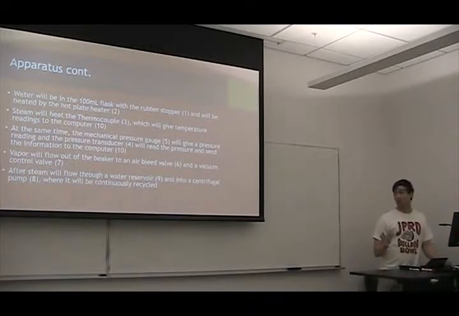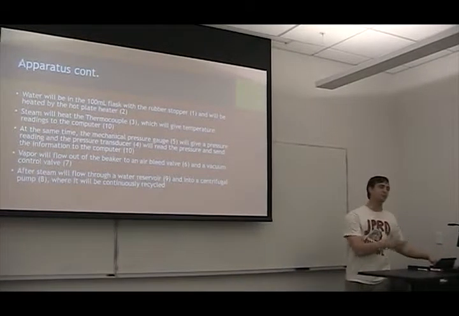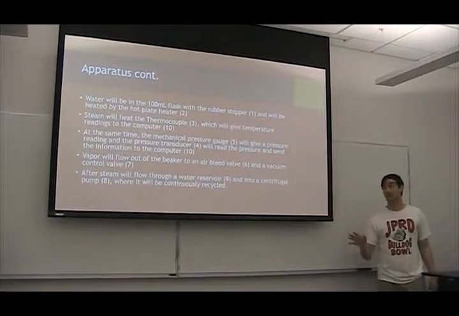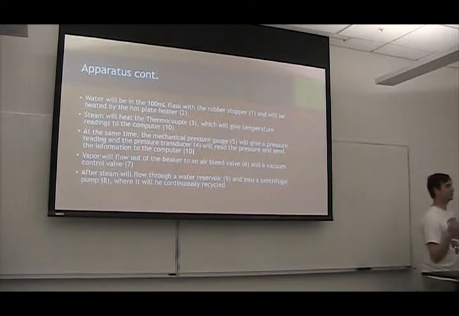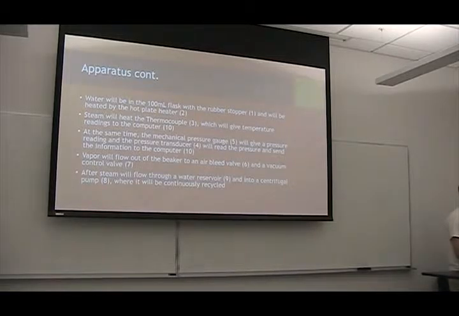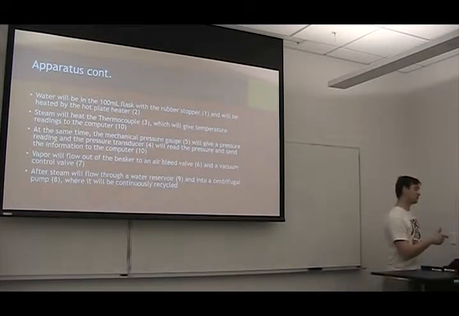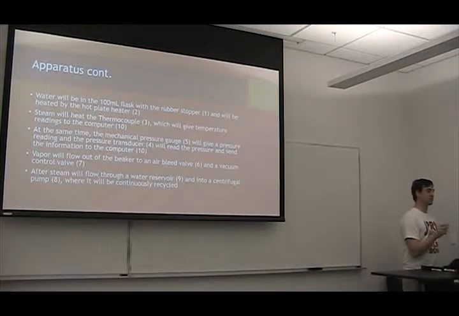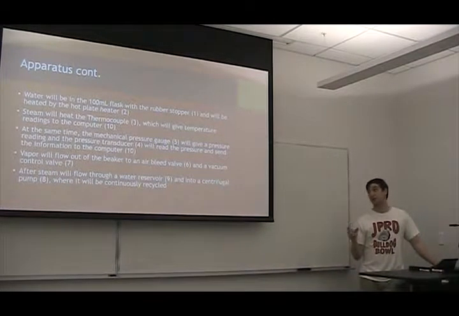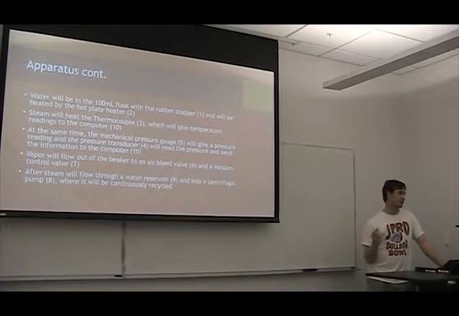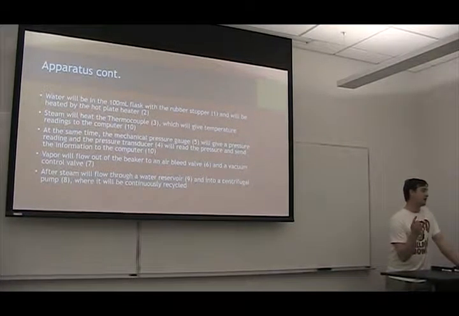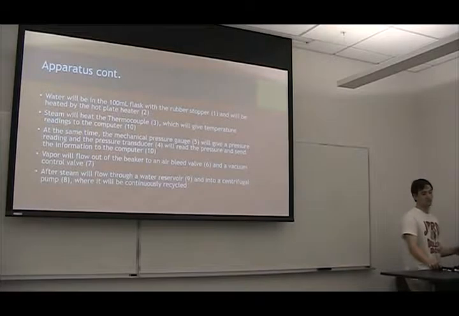So I couldn't get the picture that you had on Moodle in here, so I just explained everything. So the water in the flask is going to be heated by the hot plate, and then the steam's going to heat the thermocouple, which is going to give a temperature, and the temperature from the thermocouple is going to go to the computer, and then at the same time, the pressure is going to be read from the top of the flask through a pressure gauge, and the transducer is going to send the pressure info to the computer as well.